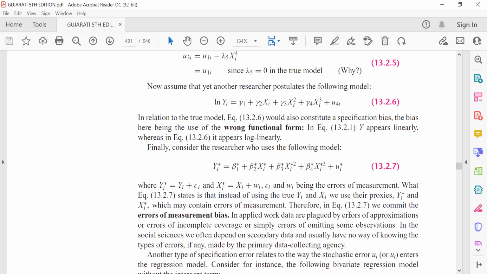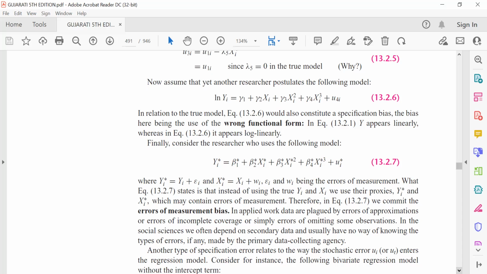Therefore, equation 13.2.6 has an error of measurement bias.